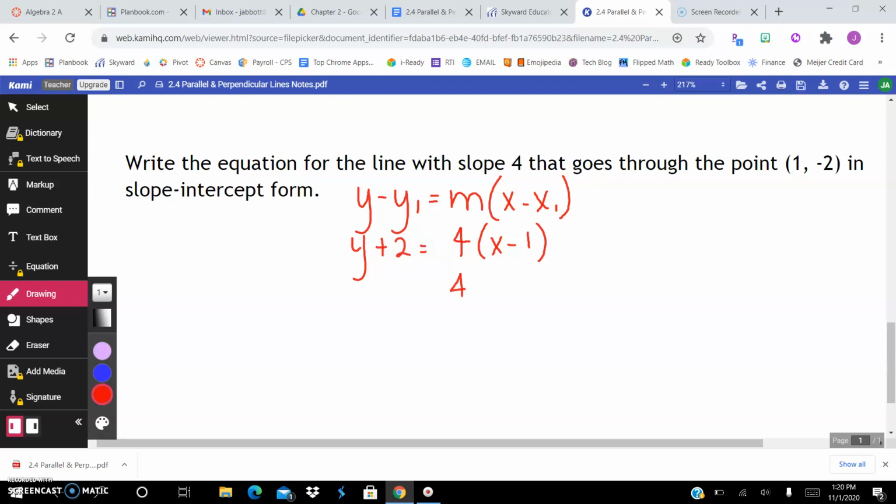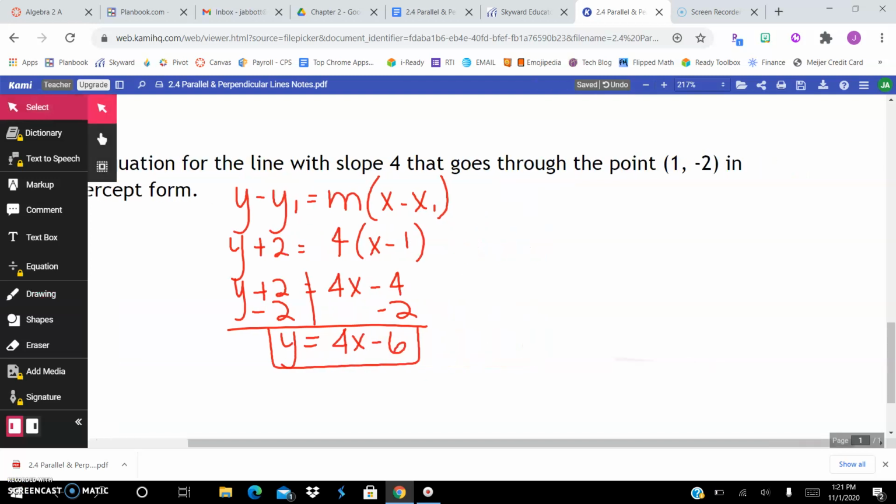Distribute that 4, so that's 4x, and 4 times -1 would be -4. Bring this down, subtract 2 from both sides, so y equals 4x, -4 and -2 make -6.